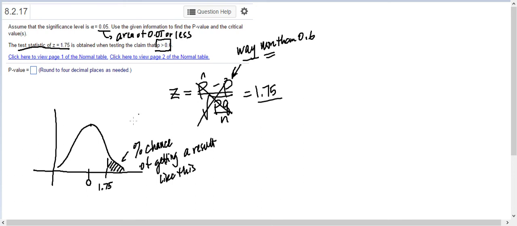The further this number goes over 1.75, if it went on over to 2 and 3 and 4, this area would get smaller and smaller, which means that we're way more than 0.6.